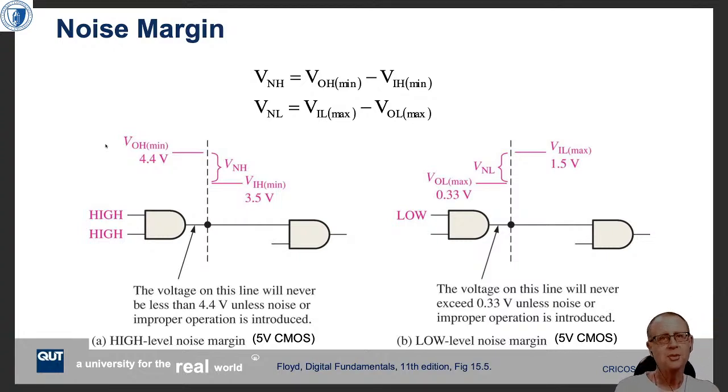So those differences between what an output thinks is high and what an input thinks is high talk about what's called the noise margin. And you want a big noise margin. You want your circuits to be immune, hopefully, from noise. So you want these two differences on the device to be as big as possible.